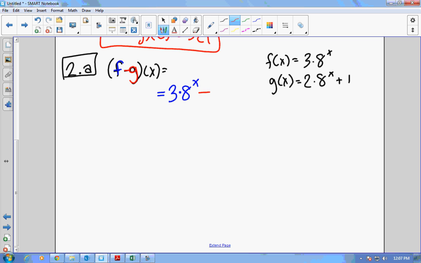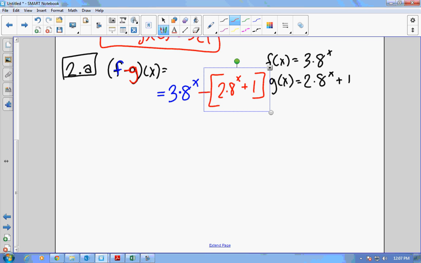Okay, Noah, what's the g function? Good. Now I want to subtract the whole function, so I'm going to put brackets. That's important because both the 2 times 8 to the x and the 1 are being subtracted, not just 2 times 8 to the x. Okay?